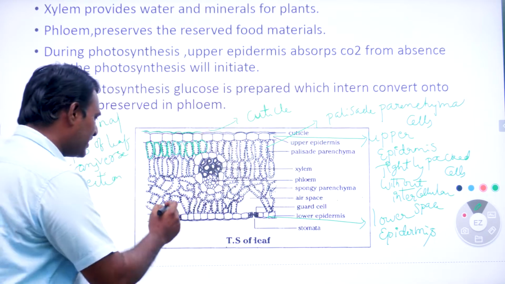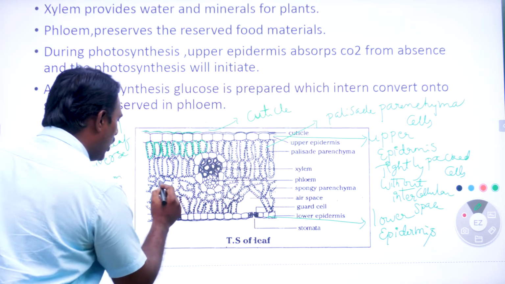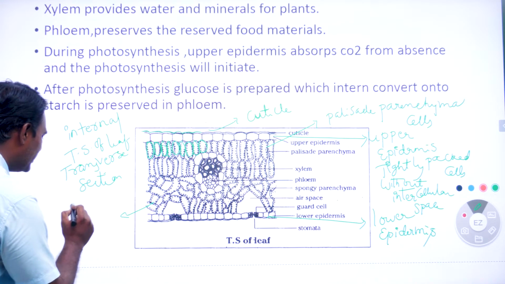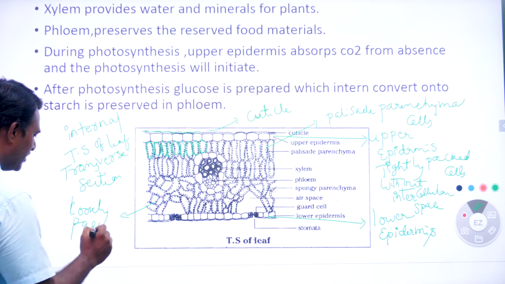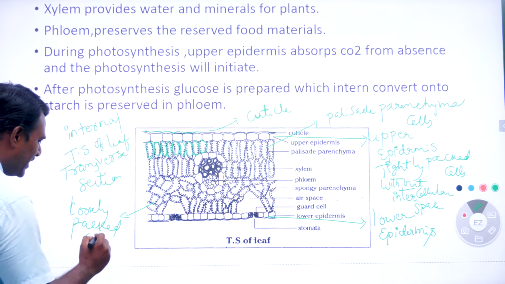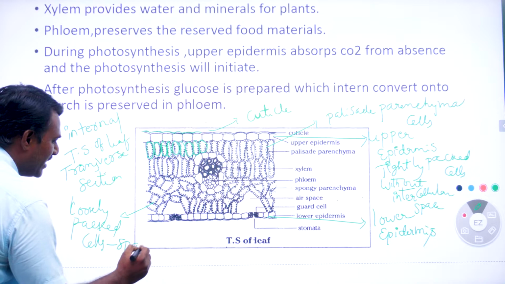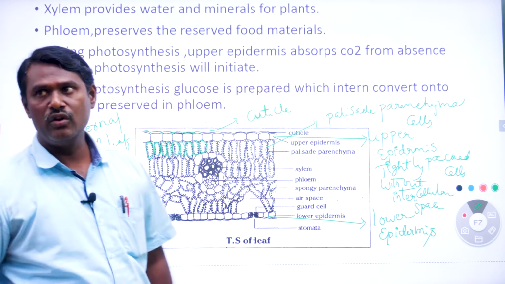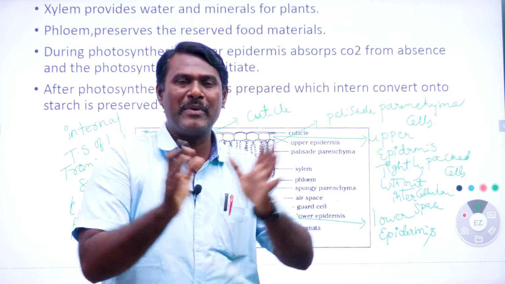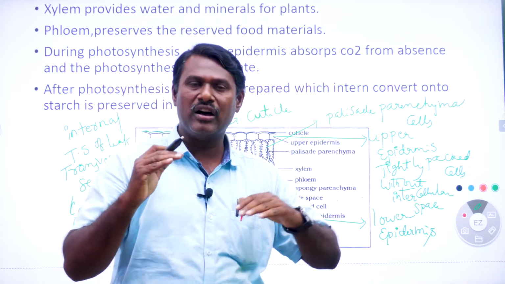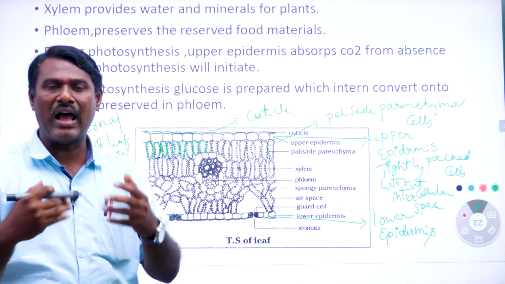Now we can see here lower epidermis. In the lower epidermis we have loosely packed cells with a little bit of intercellular space. That means the cells are not present tightly, so some gap is present.